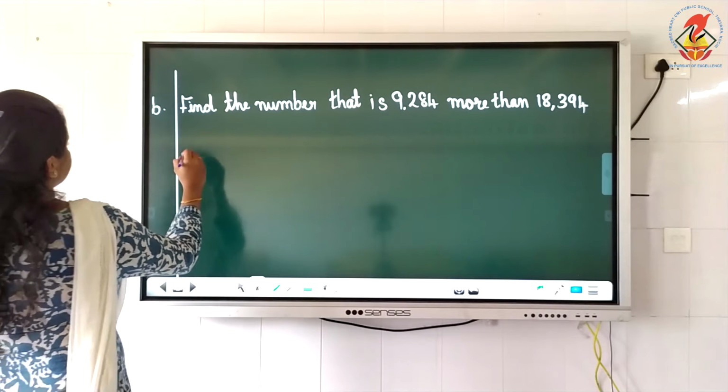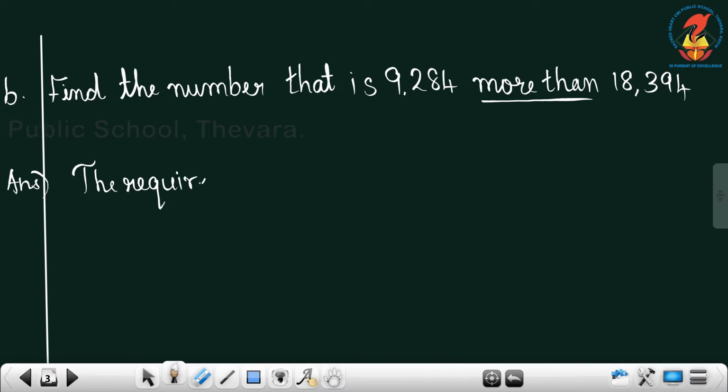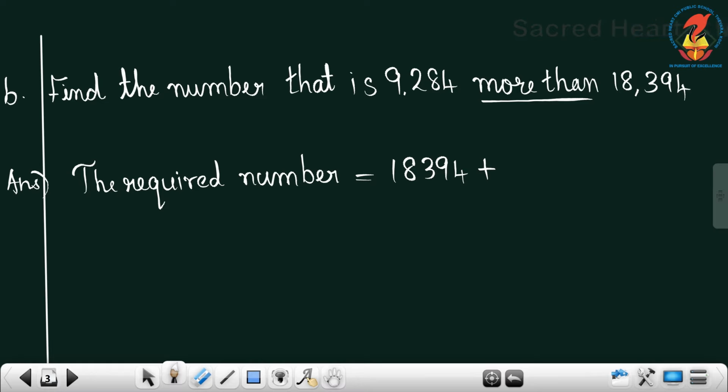The required number is, so more than here, more than means it's an addition. So the required number is 18,394 plus, more than is addition, 9,284.